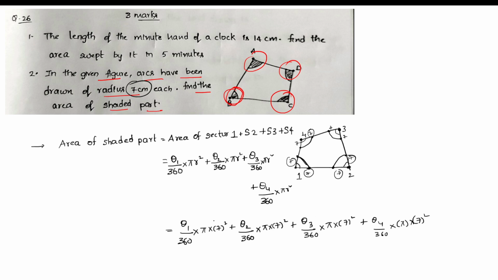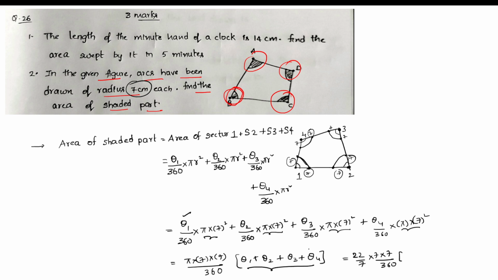But since pi into 7 square is common every time, I can take pi into 7 square as common, and also this 360. So it will become pi times 7 square by 360, and what is left here is theta 1, theta 2, theta 3, and theta 4. So it will become 22 by 7 into 7 into 7 by 360 into theta 1 plus theta 2 plus theta 3 plus theta 4.